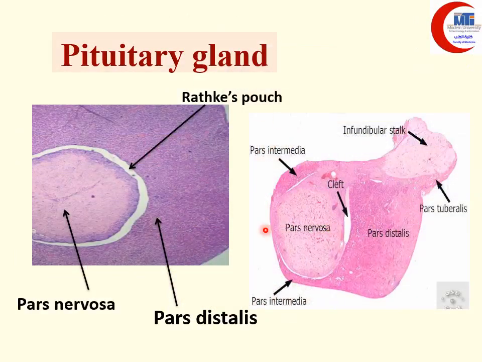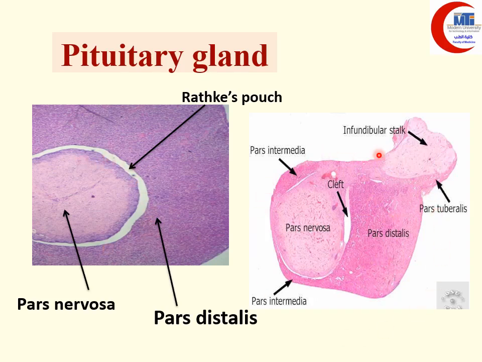This is a light microscopic picture of the pituitary gland showing its parts. This part, which is formed of groups of cells, is called the pars distalis, and these parts, which are formed of nerve fibers and supporting neuroglial cells, are called the pars nervosa, and this is Rathke's pouch.